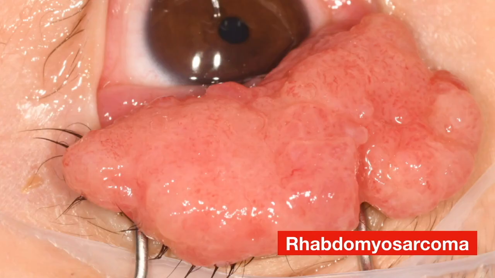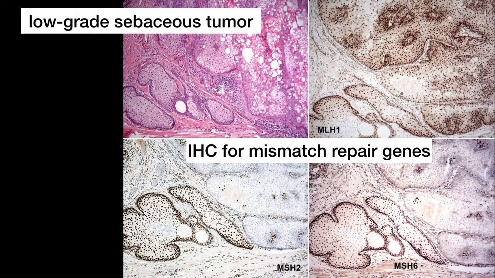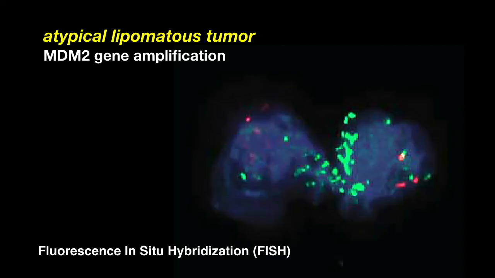Immuno is used to assess a variety of primary and metastatic orbital and adnexal tumors. The diagnosis of orbital rhabdomyosarcoma is confirmed using immunohistochemical stains for muscle markers like myogenin or muscle-specific actin. Immuno is also used to assess well-differentiated sebaceous neoplasms for abnormalities in DNA mismatch repair proteins, which are found in the Muir-Torre syndrome.